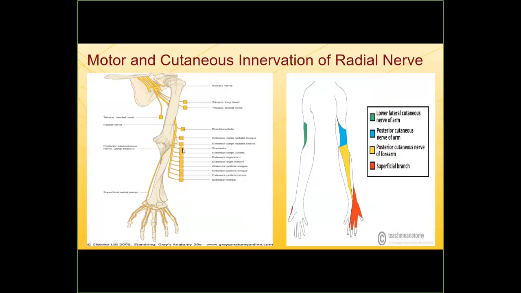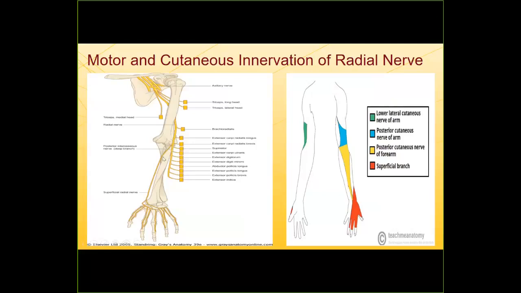And it innervates the supinator, the extensor carpi ulnaris, the extensor digitorum, the extensor digiti minimi, abductor pollicis longus, extensor pollicis longus, extensor pollicis brevis, and extensor indicis. Okay, so it has motor function basically of the supinator and all these other muscles that are radial nerve innervated distally.